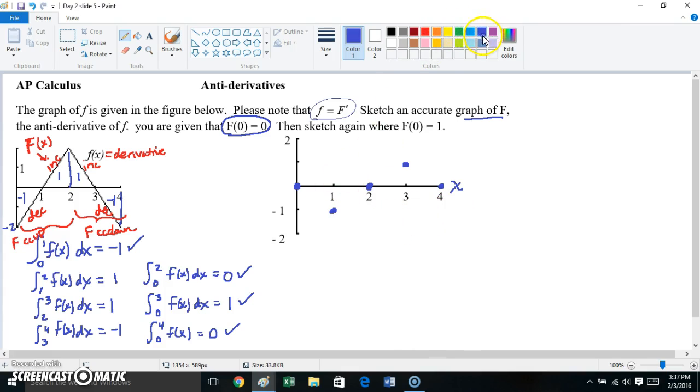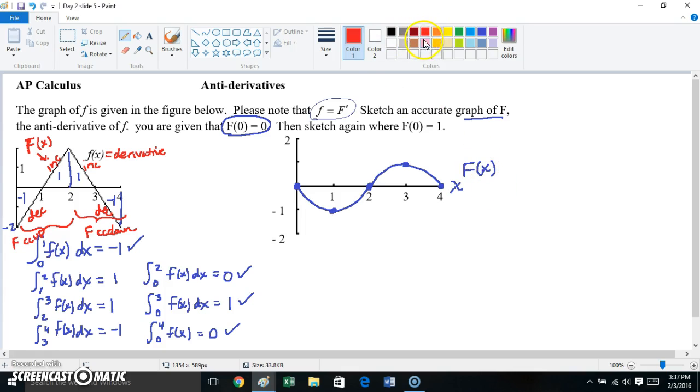All right, so drawing a graph where it's decreasing and concave up, increasing and concave up, increasing and concave down, decreasing and concave down. Capital F of x would look like this.